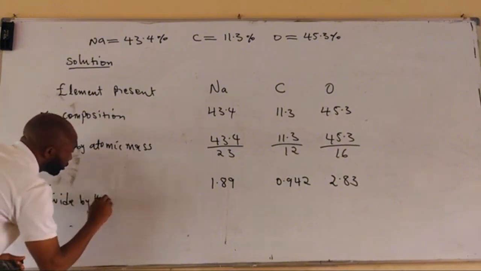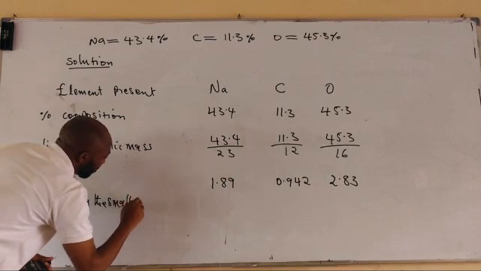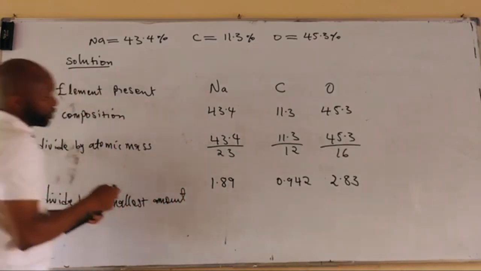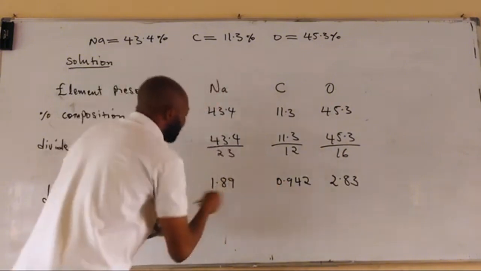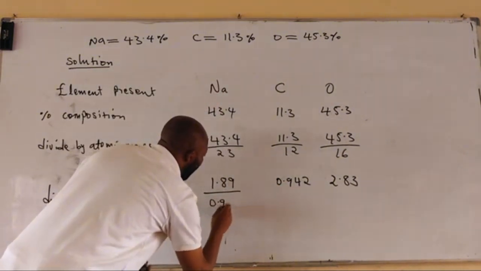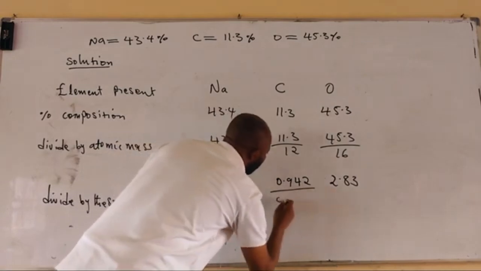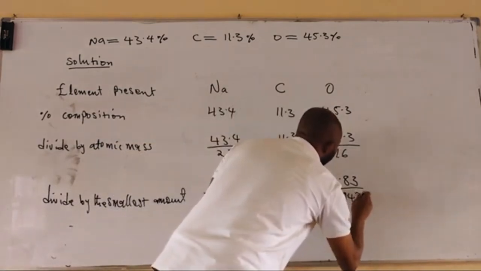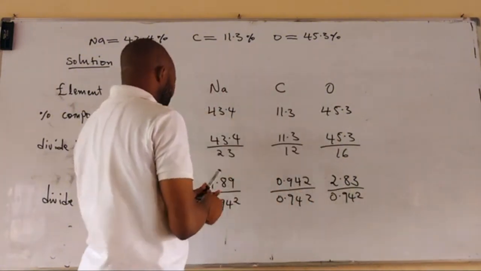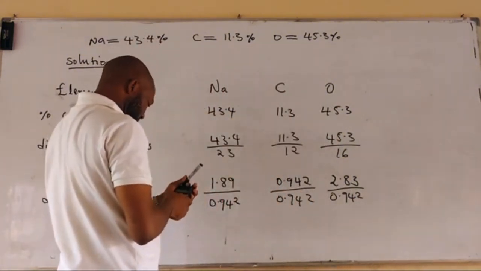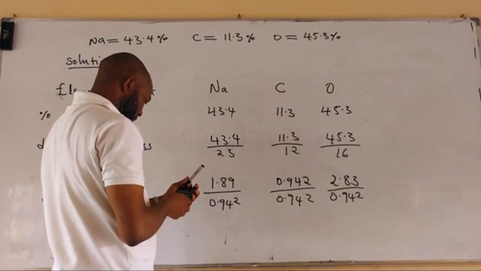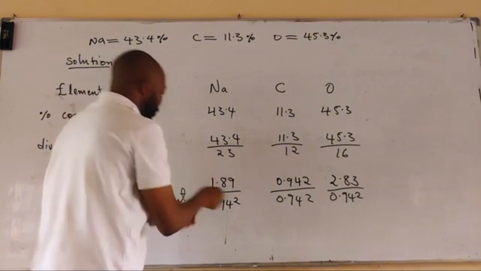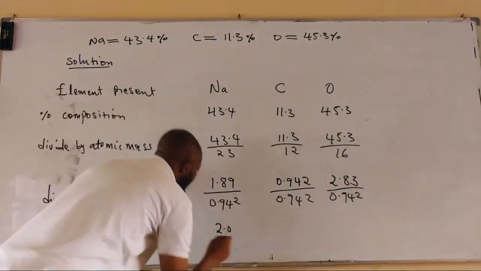So divide by the smallest amount. This is the lowest, 0.942. When we divide, we have 1.89 divided by 0.942, that is 2.0.